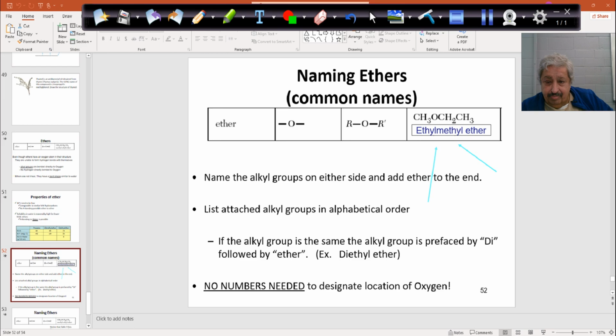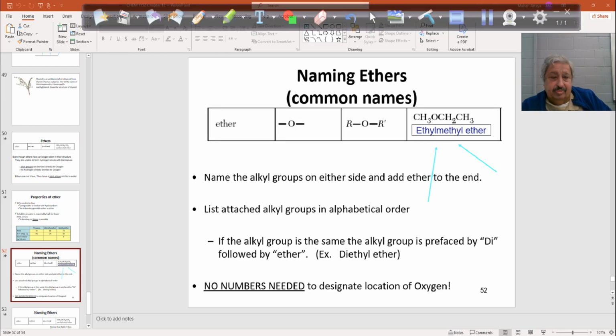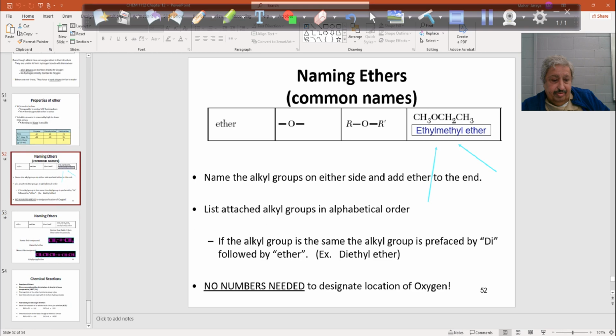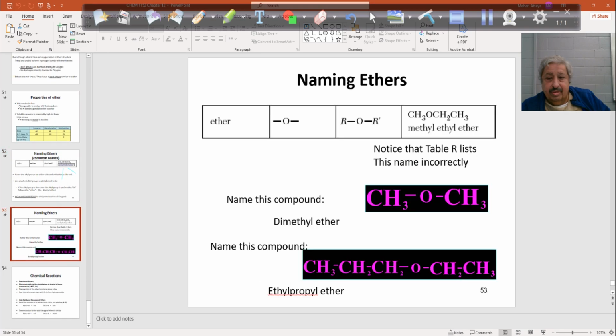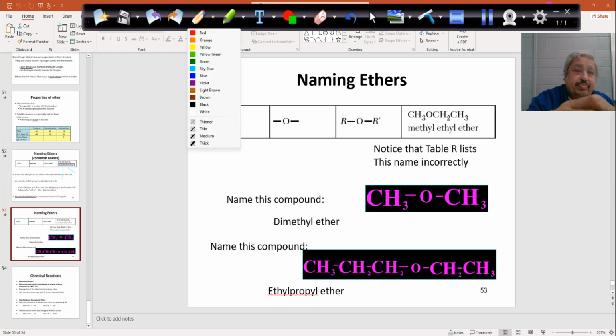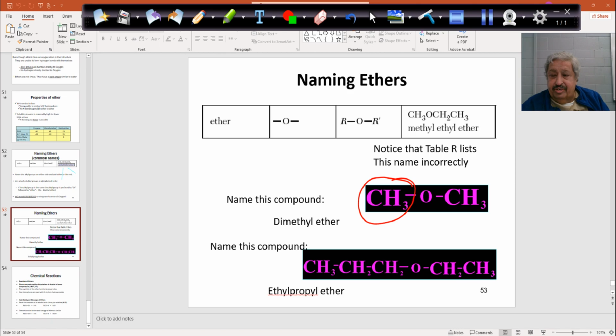Correct? So the naming, we went through the naming, common name, and this is the naming here, guys. As I said, the smaller the group, the more reactive the ether is. So this is more reactive than this one here.